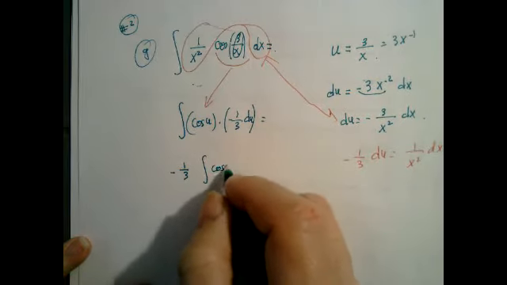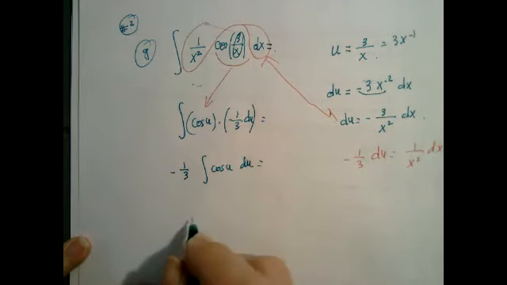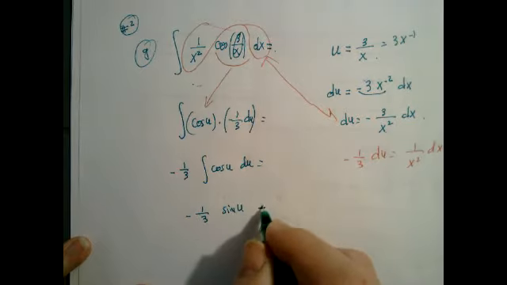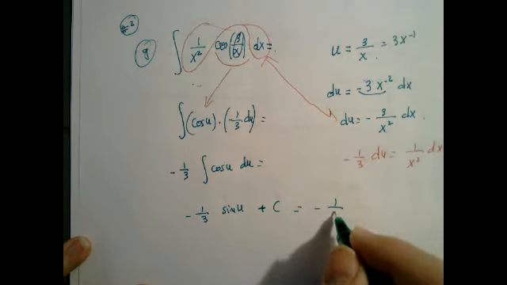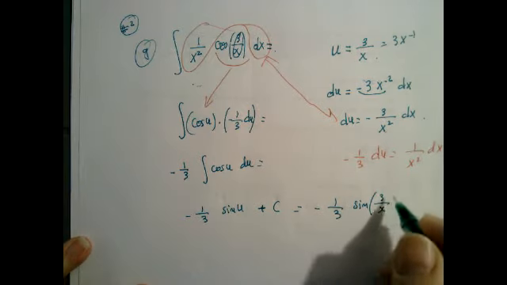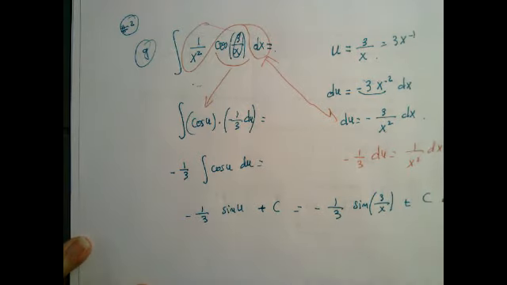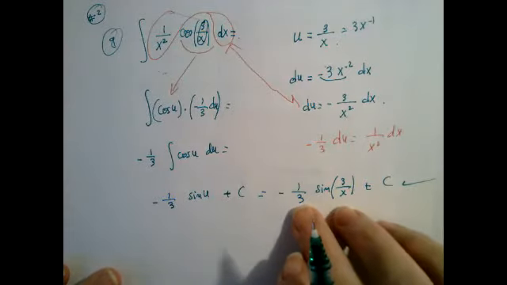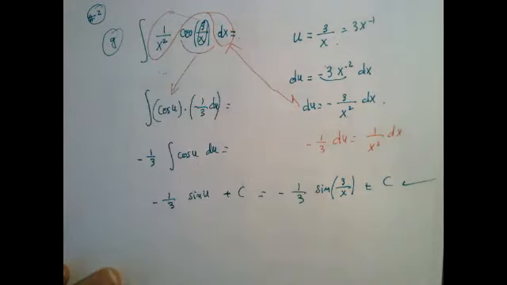That's a constant. Cosine u du, minus a third the sine of u, minus a third the sine of 3 over x plus c. End of the problem. And now you integrate this, you differentiate that, you get exactly what's inside your integral. Once you differentiate, you get that.